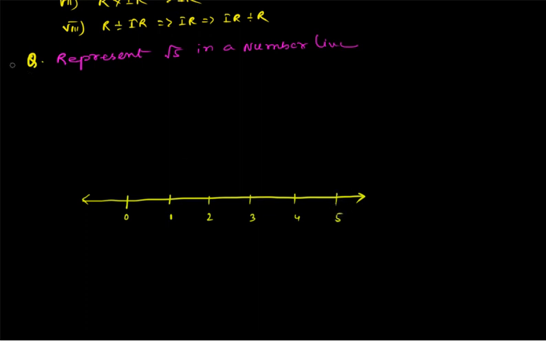I'm trying my best to represent it. So first of all, this root 5. Okay, so if I have to represent root n, I have to take n minus 1 into consideration. So that means if I am going to represent root 5, I have to consider root 4. So I have to go to root 4, which is equal to 2 actually, right?